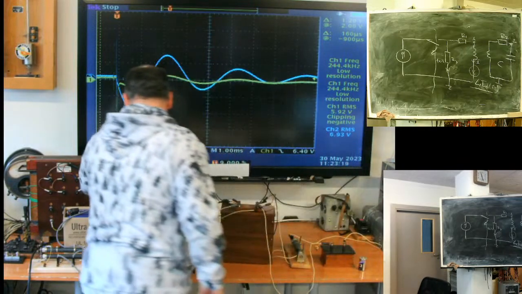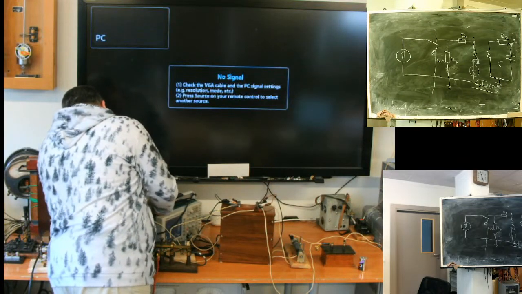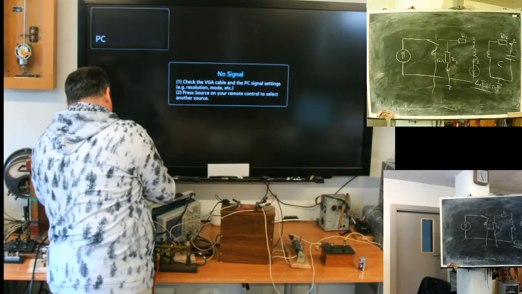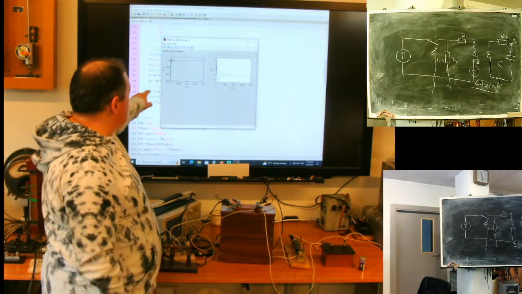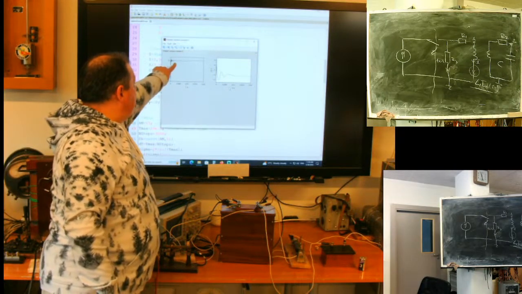Can switch. Sorry. Voltages in different scale. You see, short spike and negative.